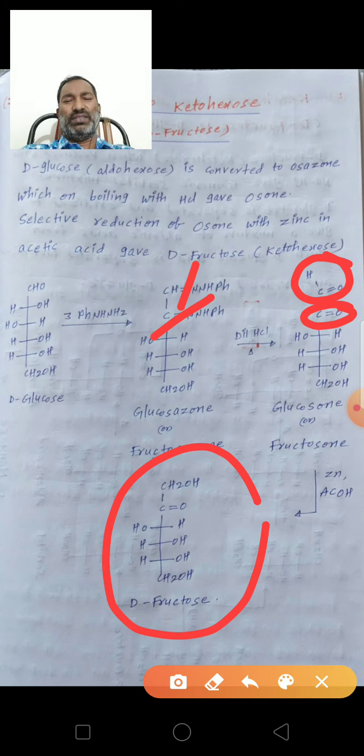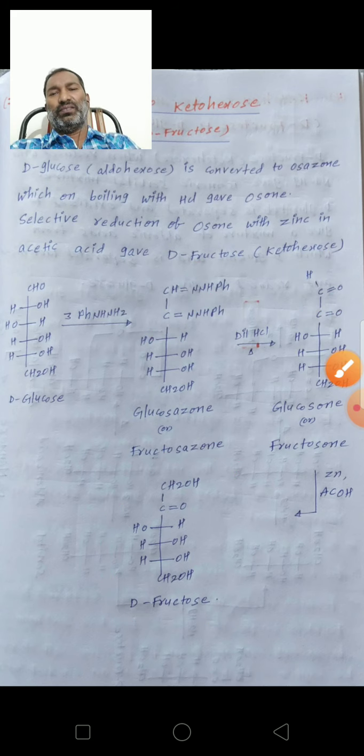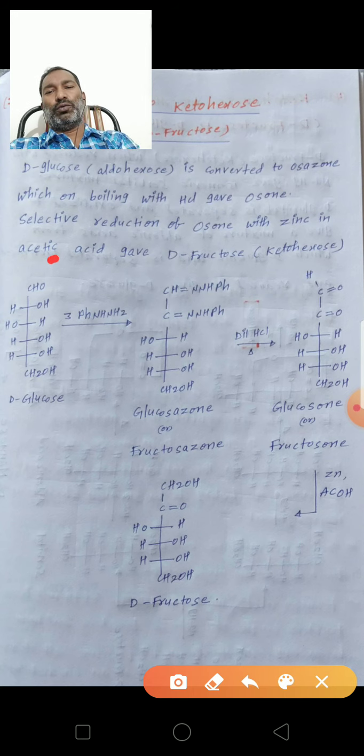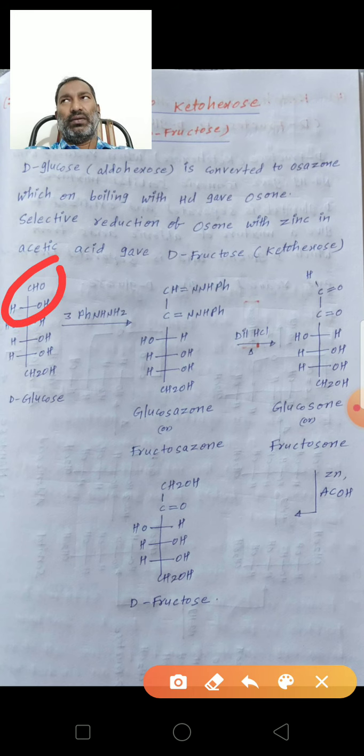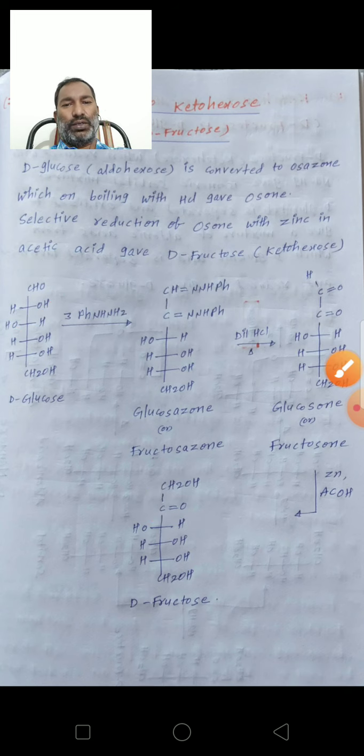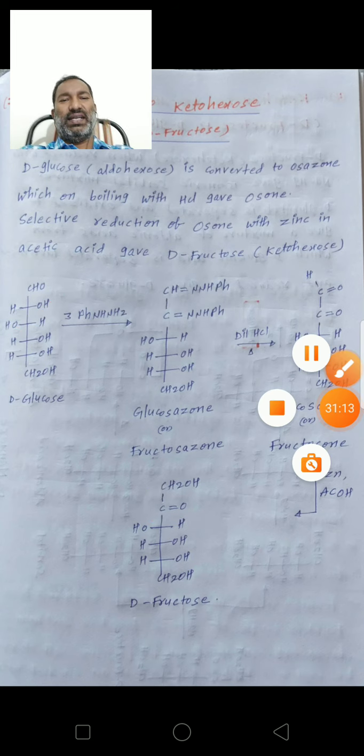Here the simple mechanism is this aldehyde functional group of a 6 carbon carbohydrate converts to the keto-containing 6 carbon carbohydrate, that means D-fructose.